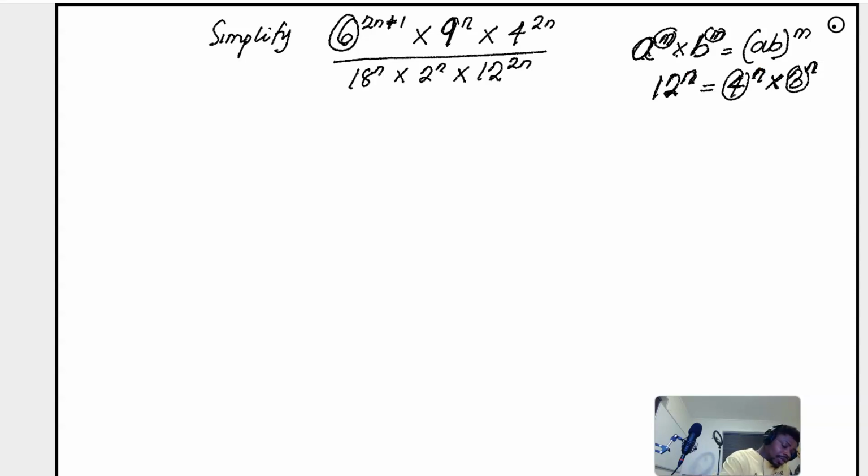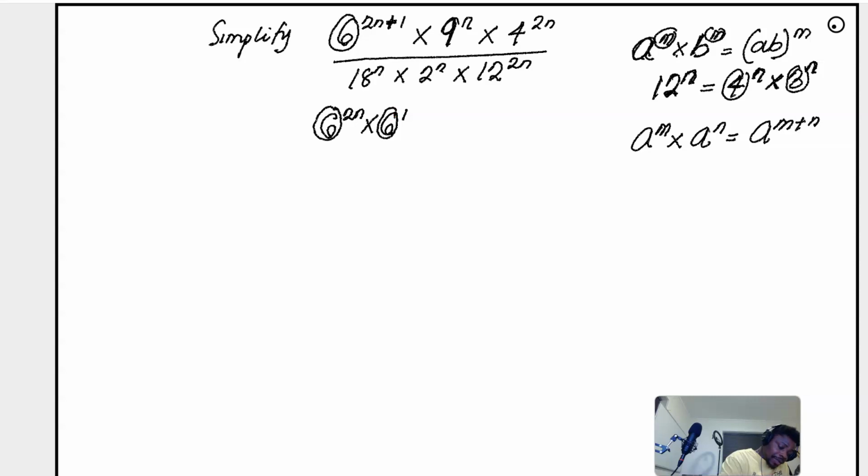Easy. So here, I can tell you that this is 6 raised power 2n times 6 raised power 1, right? Because you know that a raised power m times a raised power n is equal to a raised power m plus n.